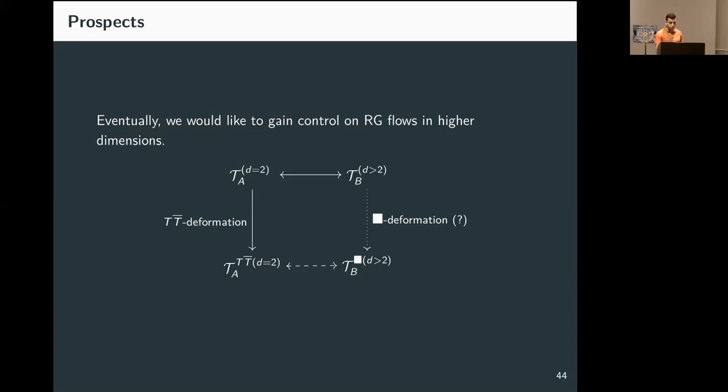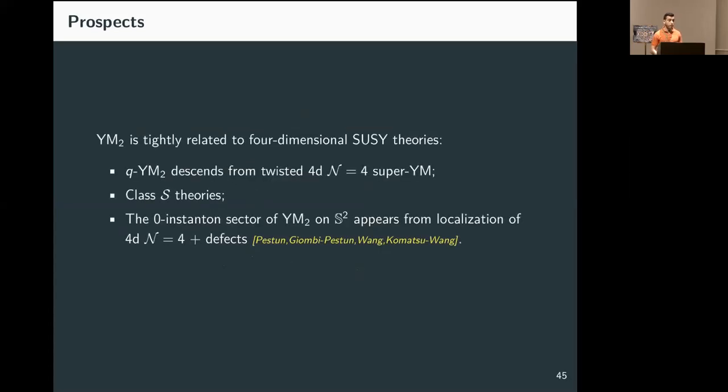I believe that q-Yang-Mills is a good starting place to ask and answer these questions, because as we have seen, it is tightly related to four-dimensional gauge theories. First of all, q-Yang-Mills, by its very definition, descends from N=4 topologically twisted super Yang-Mills.